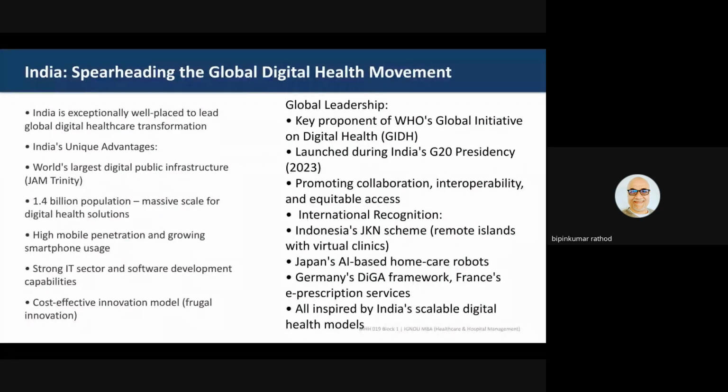We have a single system like ABHA-ID. Even the NHS UK, National Health Service in the UK, is struggling to get a single patient record. But we have already started with the ABHA-ID, that we have one person, one single record in the whole of our nation.